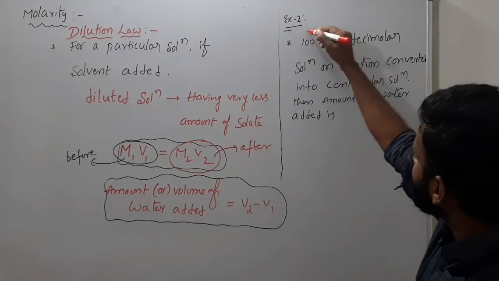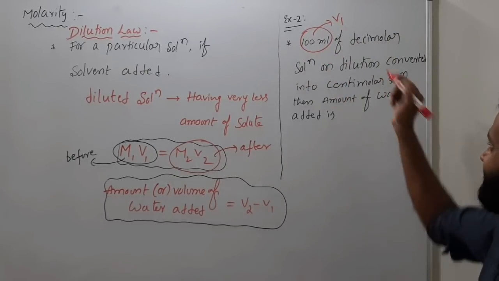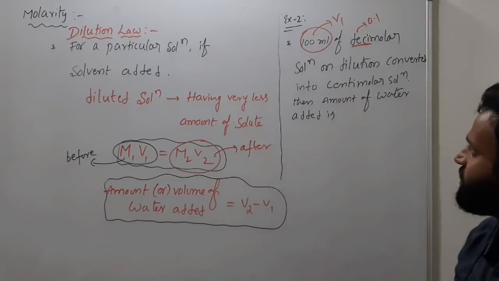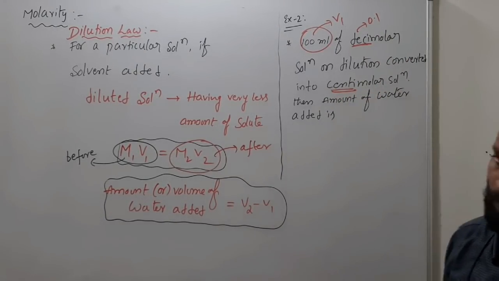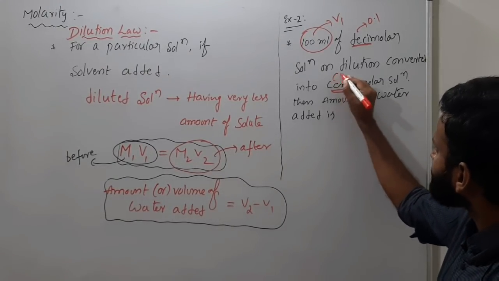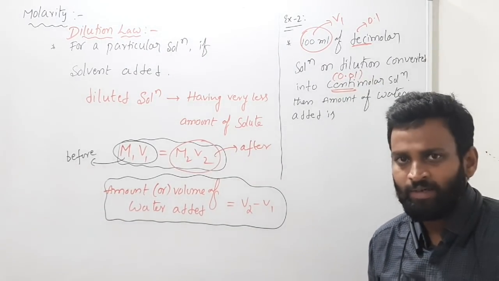So V1 is clear, because initially it is 100 ml of decimolar. Decimolar means what is the concentration? 0.1. Decimolar converted to centimolar on dilution. Centimolar means you have the idea, 0.01 M. Correct?